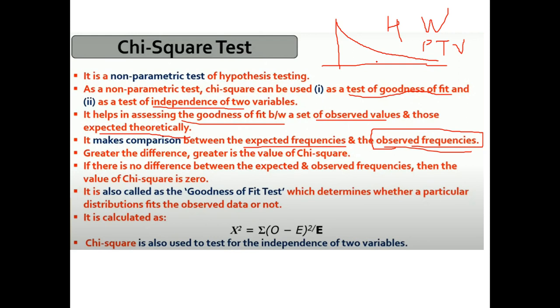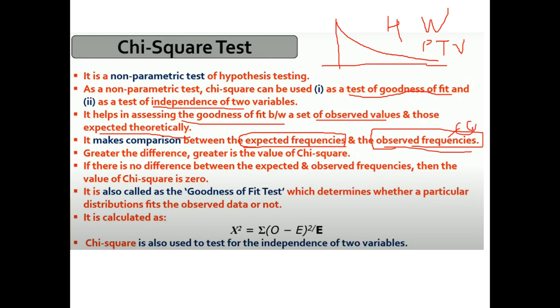The person in the company will know what type of data mostly falls into which distribution. So you will calculate the expected frequencies, and you have to calculate the observed frequency.